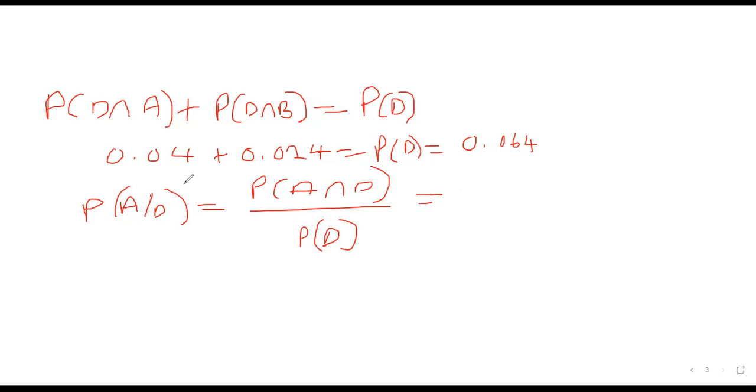So what do we get? What's the probability of A given D? 0.04 divided by what? 0.064. What do we get?